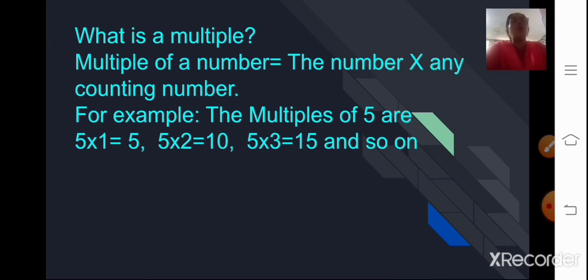At the same time, what is a multiple? A multiple of a number is the number into any counting number. Here is an example of multiples of 5. 5 into 1 is equal to 5. 5 2s are 10. 5 3s are 15. So 5, 10, 15, all these numbers are the multiples of 5.